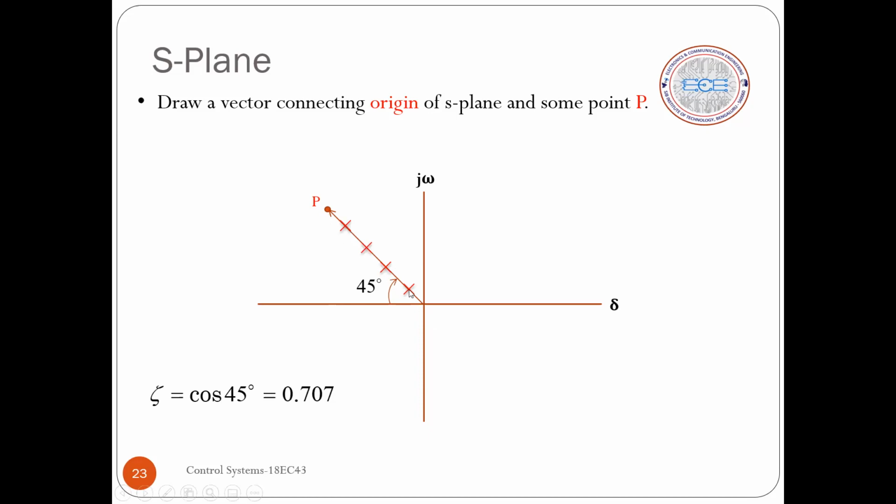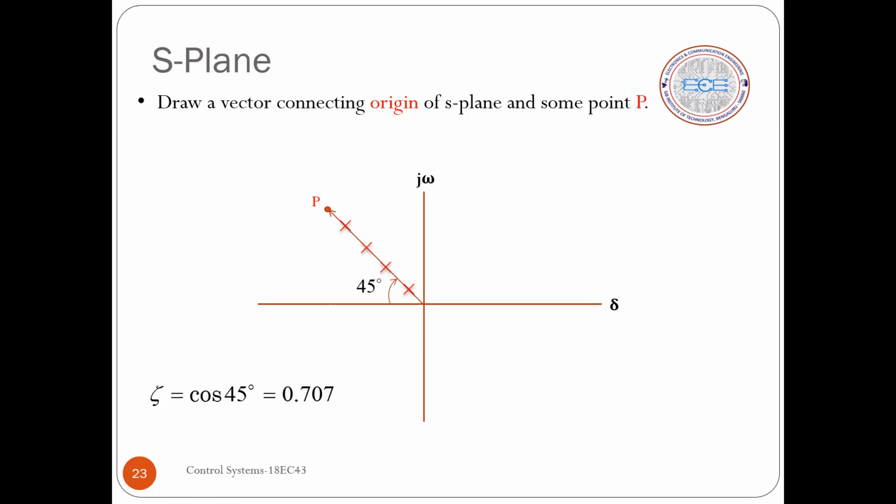All the poles which lie on this line make the same angle with the negative real axis, so zeta has to be the same. I call this a zeta line of 0.707 value, or a zeta line with an angle of 45 degrees. Whatever poles lie on this line will have the same zeta value.